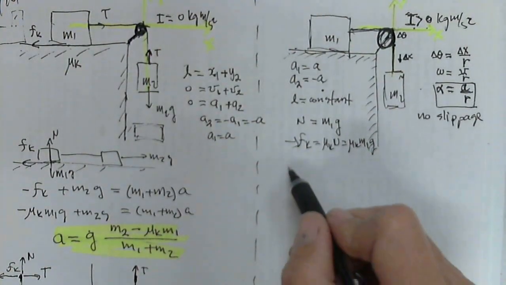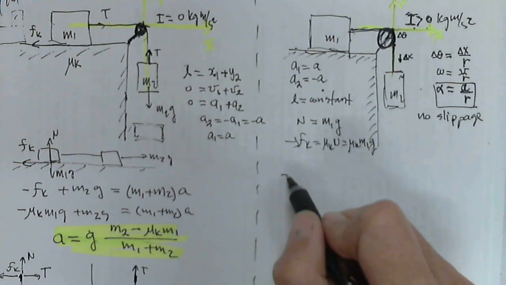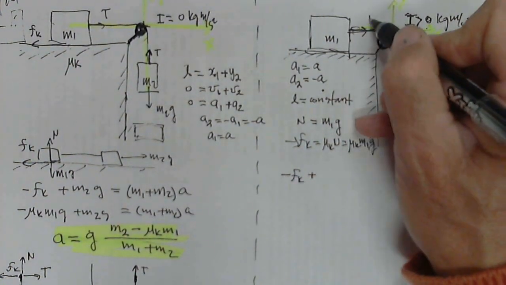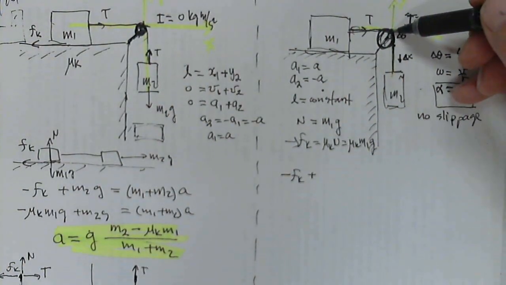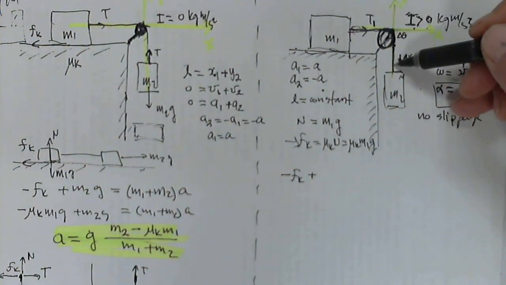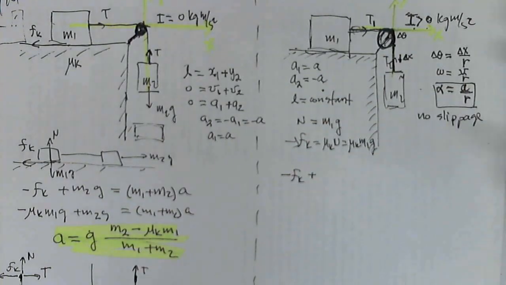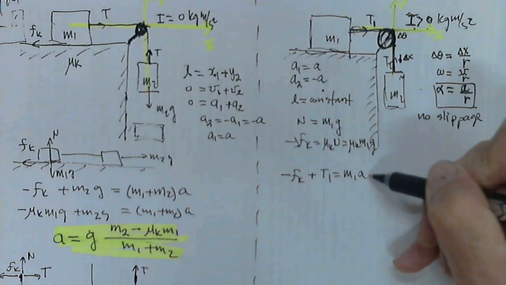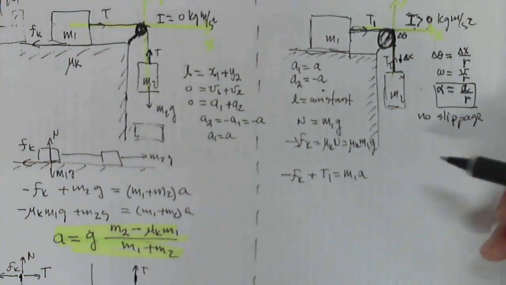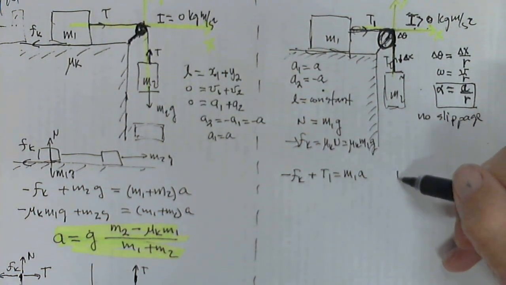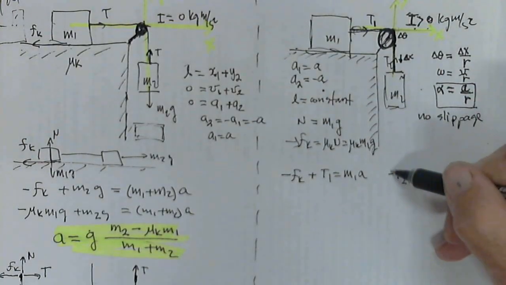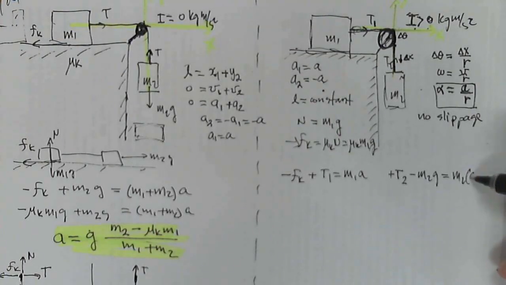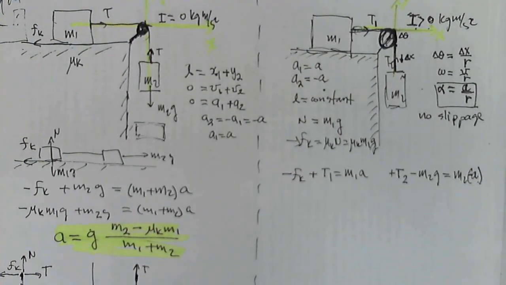So now x-axis for this one, we got negative friction. And now you got two tensions because you have the pulley. So this is going to be T1 and this is going to be T2. So plus T1 equals m1 times acceleration. And for the other object, I got T2 positive, m2 g, and I put negative acceleration over here.